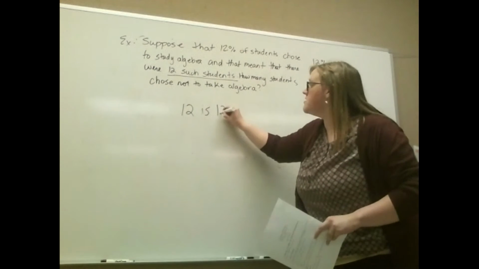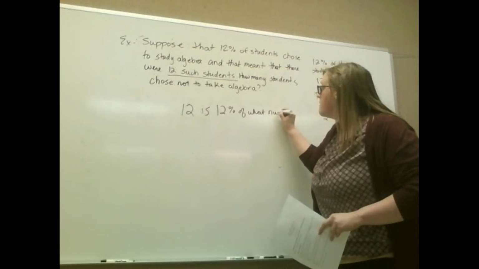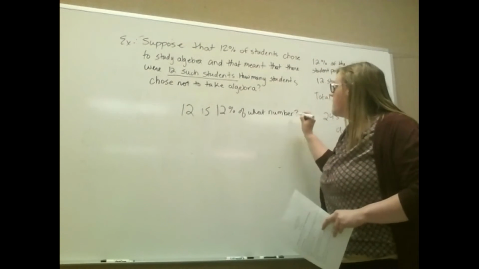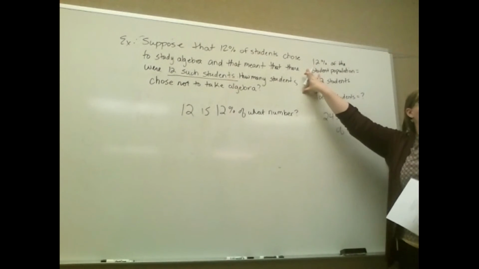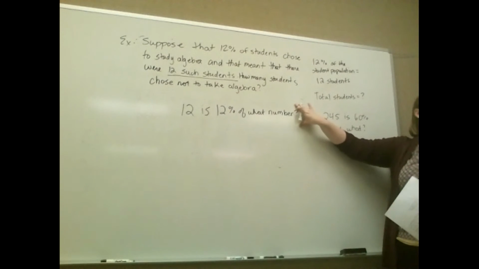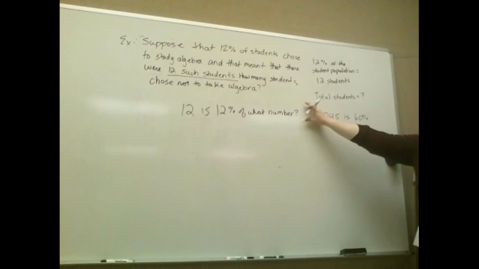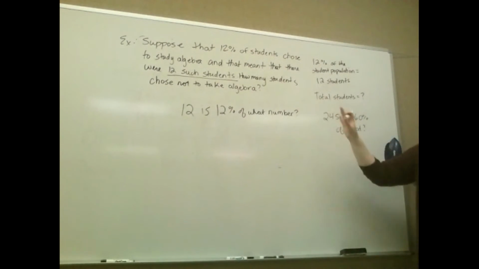So 12 is 12% of what number? This is the story problem, or the real life problem. This is the math problem. The key to solving word problems is being able to take all the wordiness and simplify it down to what you really need.